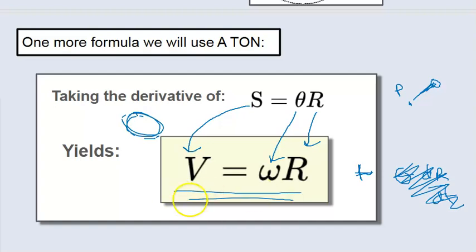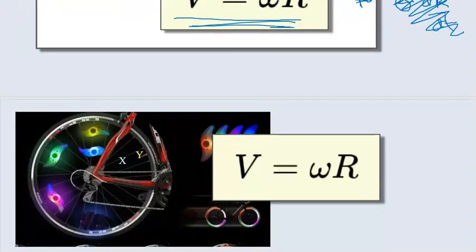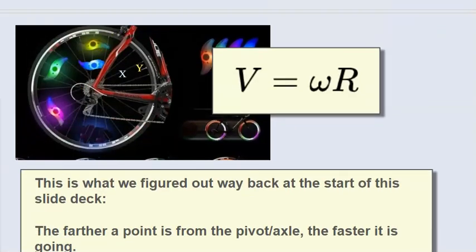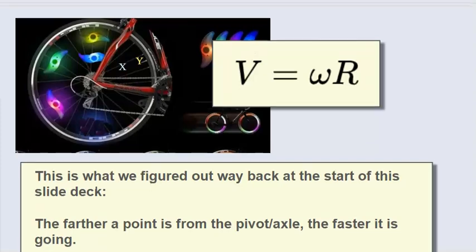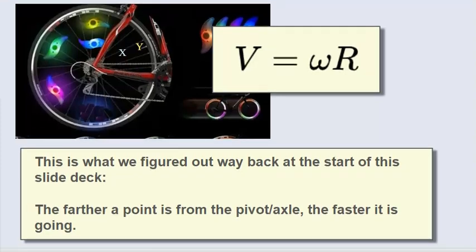Okay, this is a super important relationship. It is the derivative of the definition of radians. And just to reinforce this, and then we'll do the example problem, this is what we figured out at the start of the slide deck.